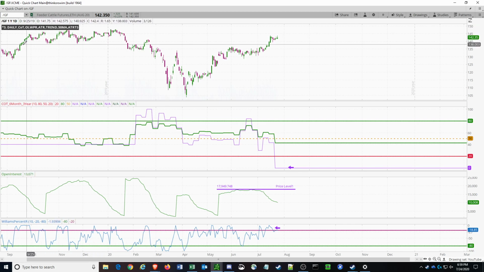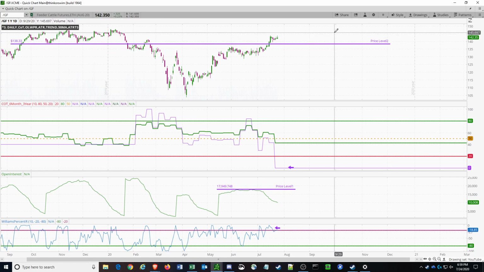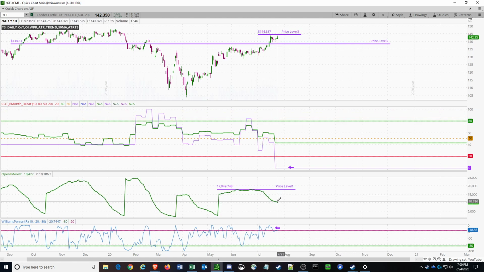So here's our top area. What can we work with here? Just passing through this long-term support turned resistance, and we just punched through it, but can't hold. Are our comms thinking that this is, they're loading up on the short positions here. Yeah, well, I mean, this is proper, right?